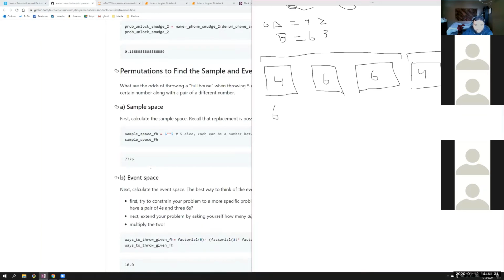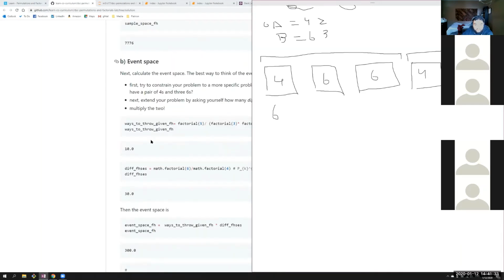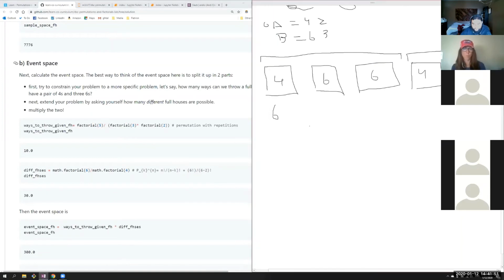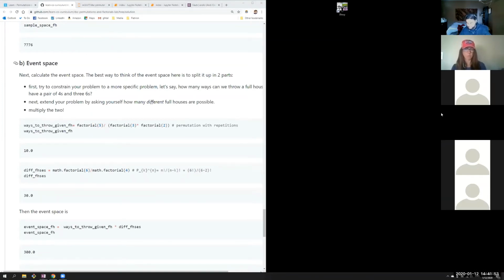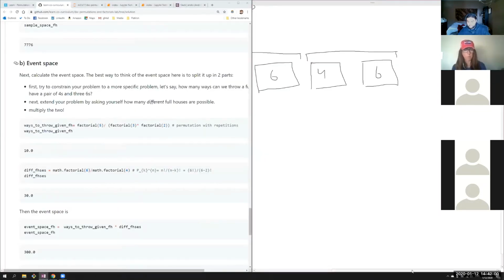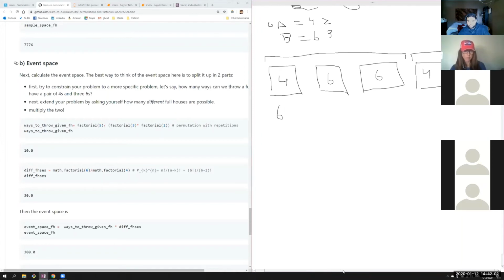So let's see, what's the first thing that they do? They find out the ways to throw a given full house, okay? And they say factorial 5 divided by factorial 3 multiplied by factorial 2. All right.